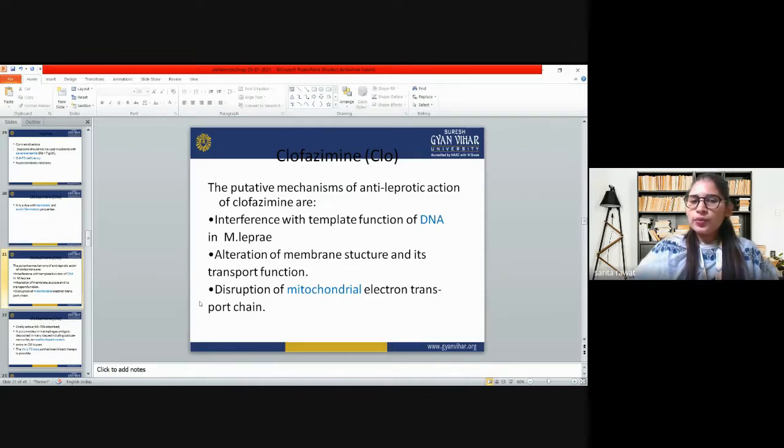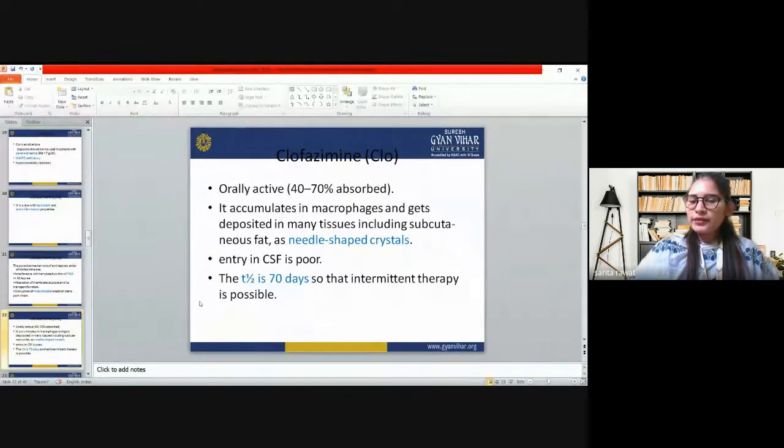The proposed mechanisms of anti-leprotic action of clofazimine are interference with the template function of the DNA in M. leprae, alteration of membrane structure and its transport function, and disruption of the mitochondrial electron transport chain. It is orally active, 40 to 70% absorbed, and it accumulates in the macrophages and gets deposited in many tissues including subcutaneous fat as needle shaped crystals.